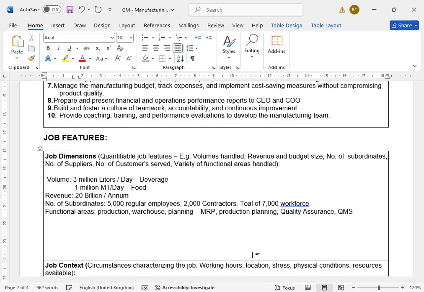Or maybe QMS. I will add QMS. QMS is quality management system, like the one handling the quality manuals. Making quality manuals, and being the custodian of the SOPs, standard operating procedures, ISO standards. These are all documented, and the custodian of these is the quality management system.